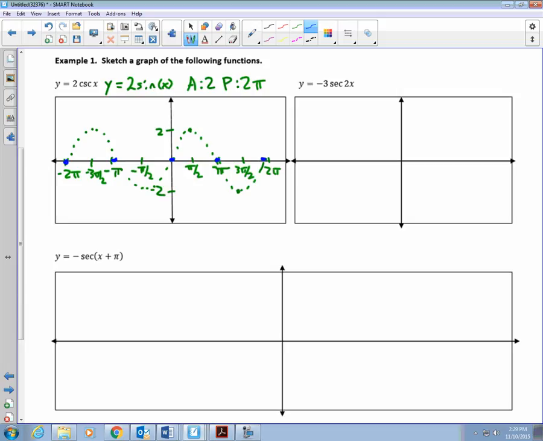That's where I draw my vertical asymptotes. Okay, now what? Make your U shapes at the top and the bottom of the mins and the maxes.